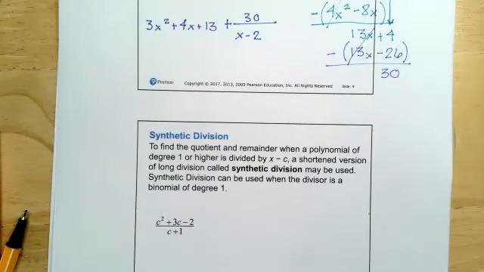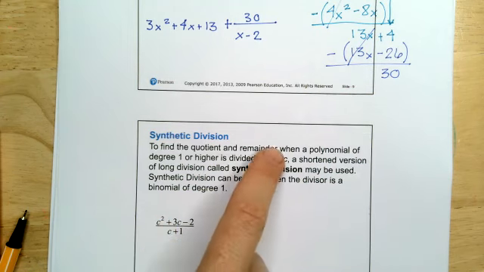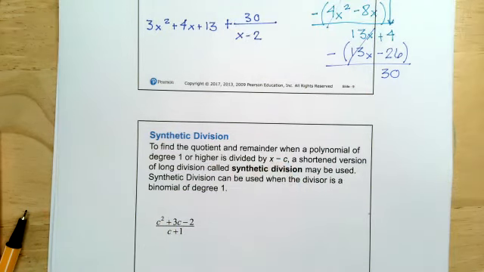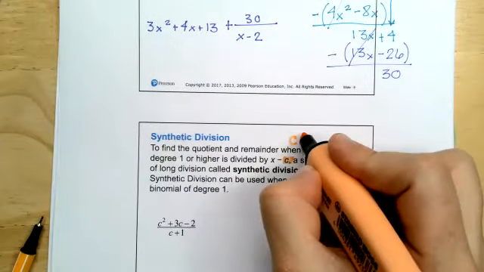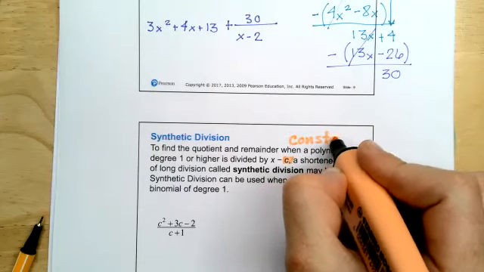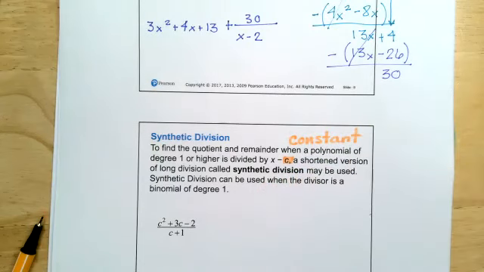To find the quotient and remainder when a polynomial of degree 1 or higher, so this is degree 2, right? Degree 1 or higher is divided by x minus c. Remember that c in this case is a constant. Not a variable, just a number, a constant.